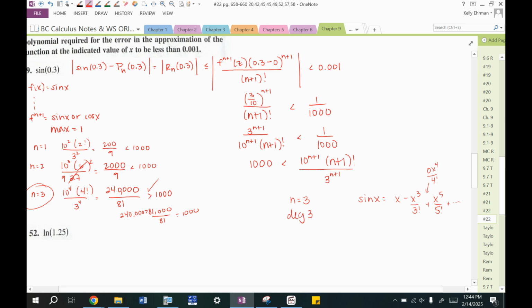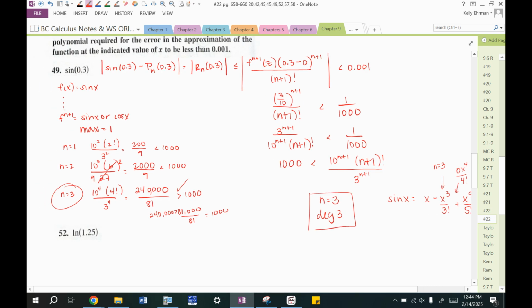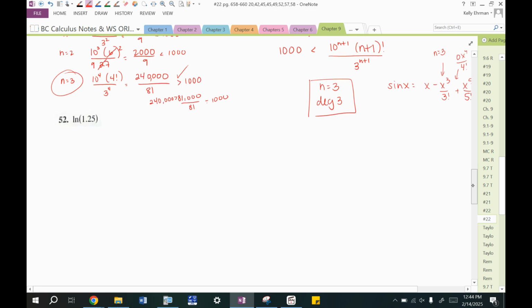But because I got n equals 3, that matches up with its term. If I got n equals 2, then the degree would be 1. If I got n equals 6, the degree would be 5. So you go with the degree that's before it if you land on a 0 term for some reason. That's only for terms that are 0. Most of the time, the n that you get is the degree.